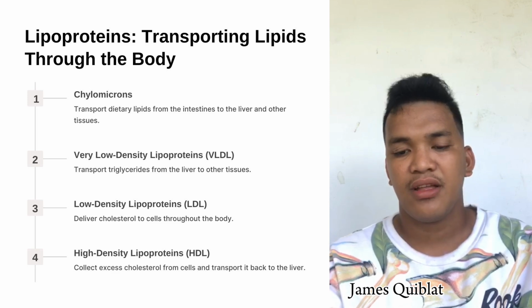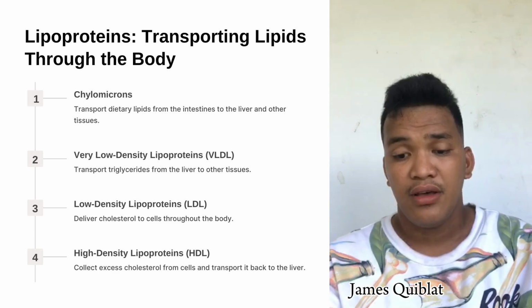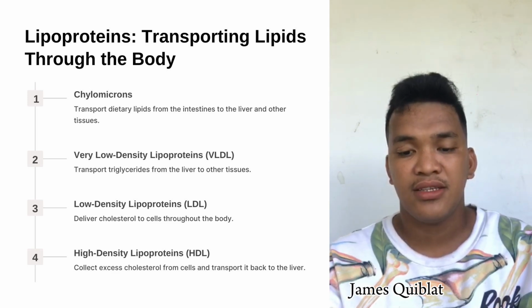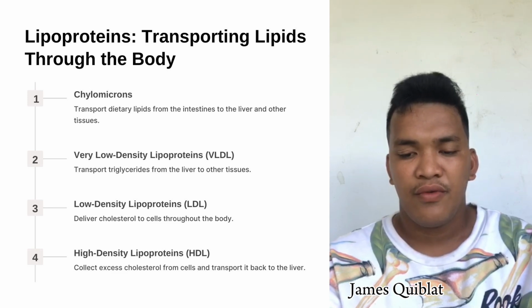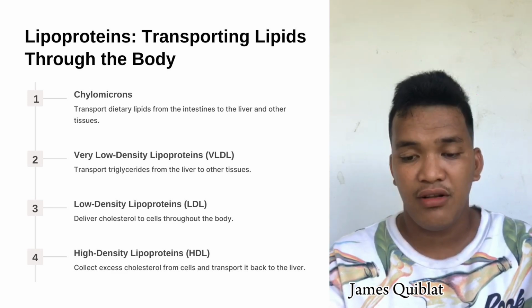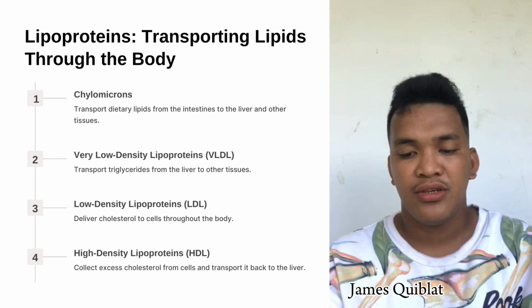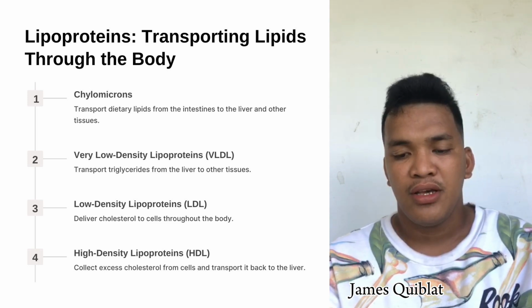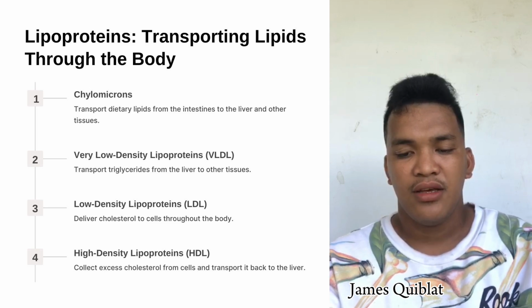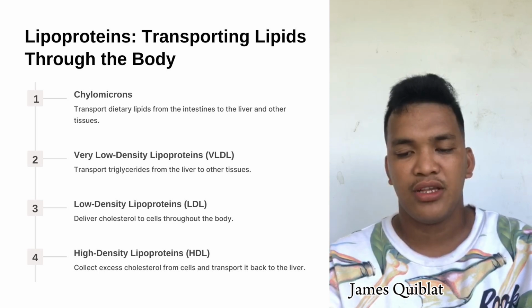It has a rigid four-ring structure that adds stability and regulates membrane fluidity. But cholesterol doesn't stop there. It's also a precursor to important steroid hormones like testosterone and estrogen.